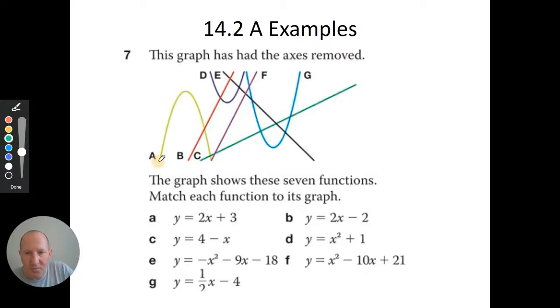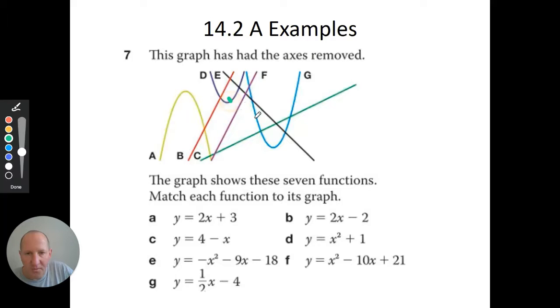You can see this one here, A, is upside down. So that's going to tell me that I've got a minus x squared, and the only one with minus x squared is this one here. So for E, the answer is going to be A, because it's the only quadratic graph with a minus x squared, which flips it over.